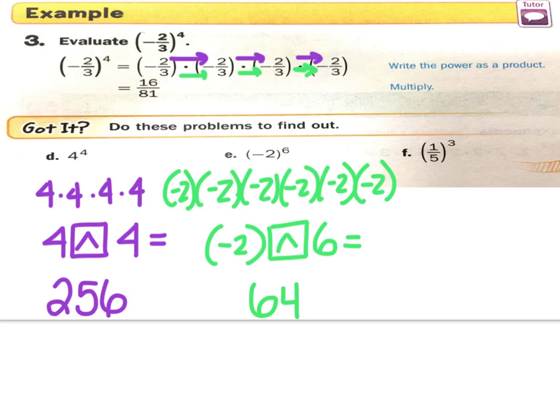If you put that in your calculator and you did not get positive 64, you most likely got negative 64, and that answer is wrong. I know, as trivial as it may sound, it's still wrong. Okay?